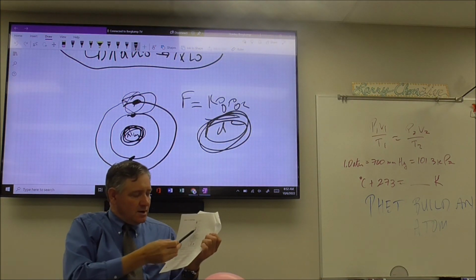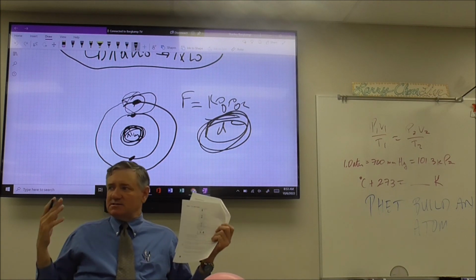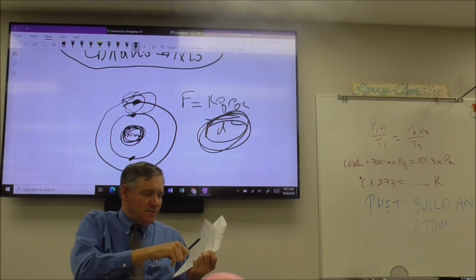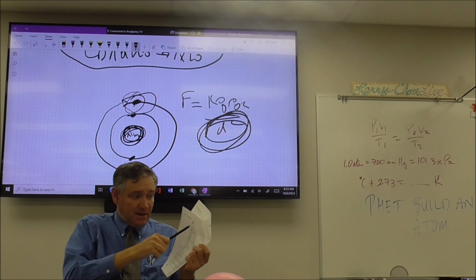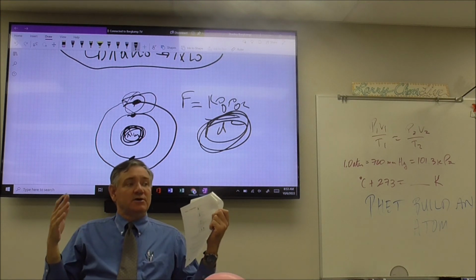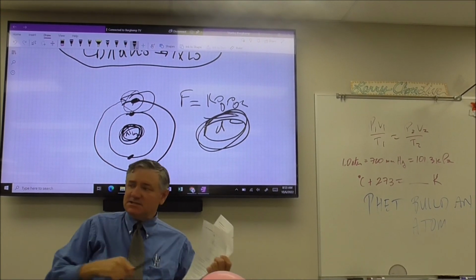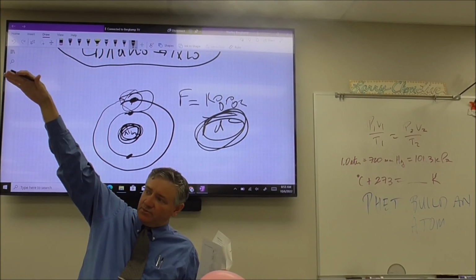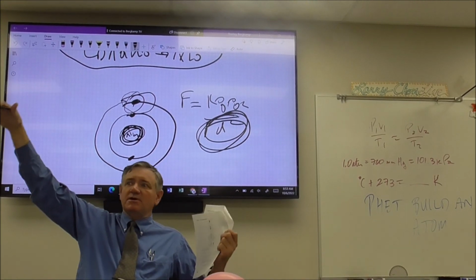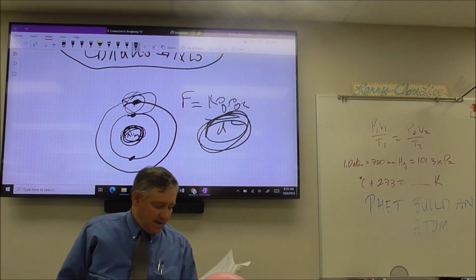The width of the arrow is what they're showing as the amount of force. That lithium electron is pretty close to the nucleus, so you're dividing by a pretty small number, and that's a big force. For potassium, that electron is much further away, you're dividing by d squared, and that attractive force becomes less. So that's what they're showing on that.